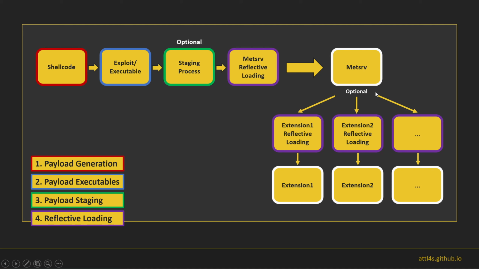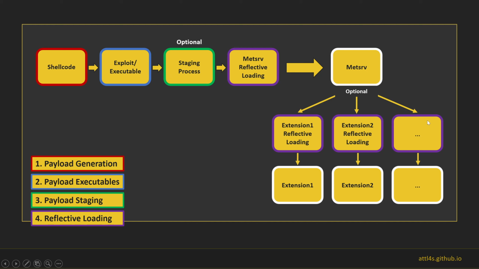From here, depending on the configuration or what you are doing, you may load further extensions via reflective loading. So the main sections of this presentation are: payload generation, this one; payload executables, this one; payload staging, this one; and finally reflective loading, this one.